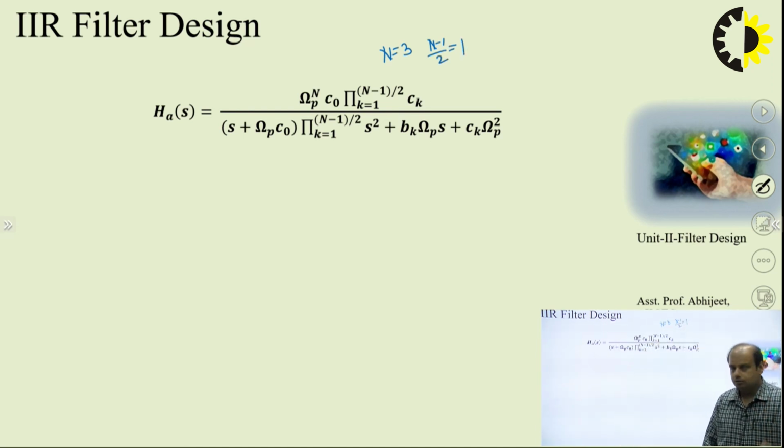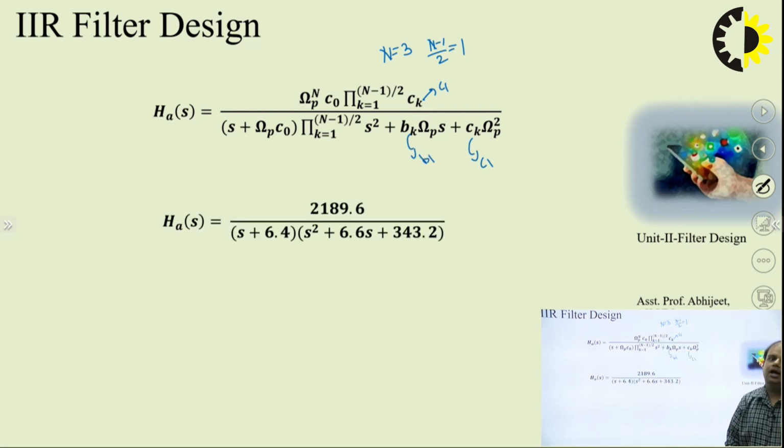There is only one C1 here, similarly there will only be one C1 here, and there will be only one B1 that we have defined in the previous slide. We can just substitute all the values and we can have the transfer function of the analog Chebyshev filter given as this: 21.89.6 divided by S plus 6.4, S square plus 6.6 S plus 343.2.